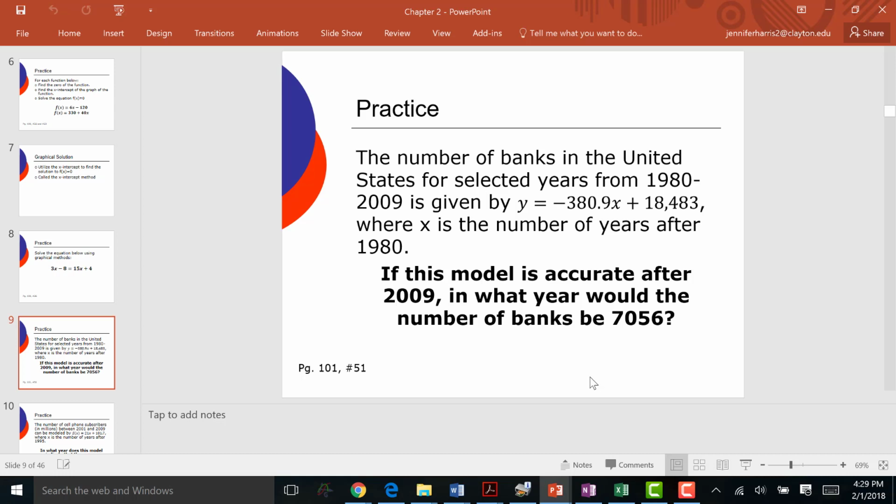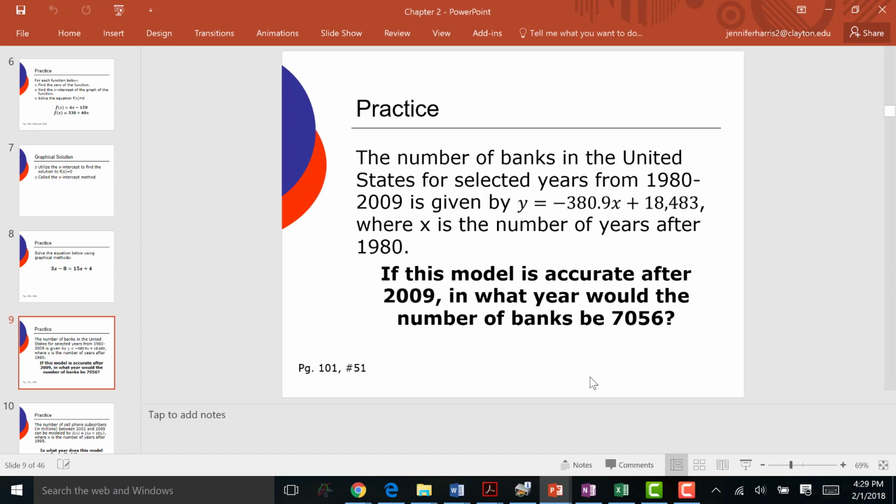Negative 11,427 equals negative 380.9x. Divide both sides by negative 380.9. These cancel out, the negative 380.9 and the negative 380.9. So x is equal to, somebody tell me what that math says. 30.